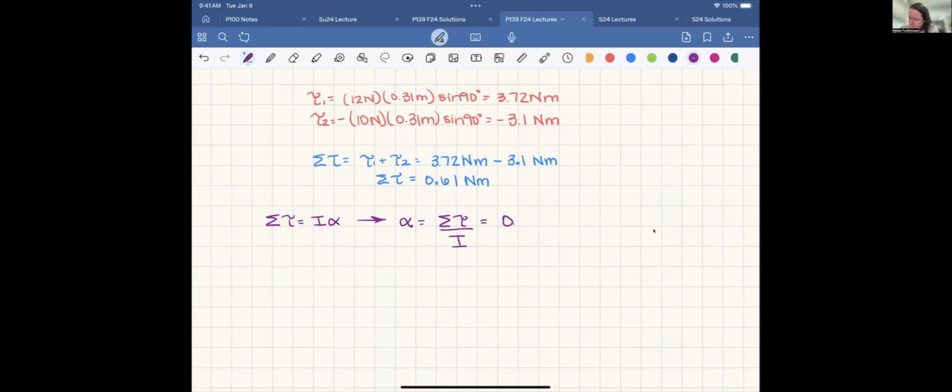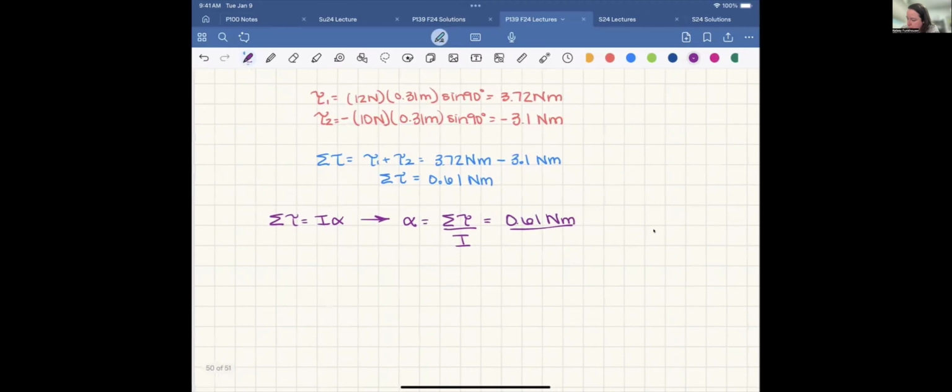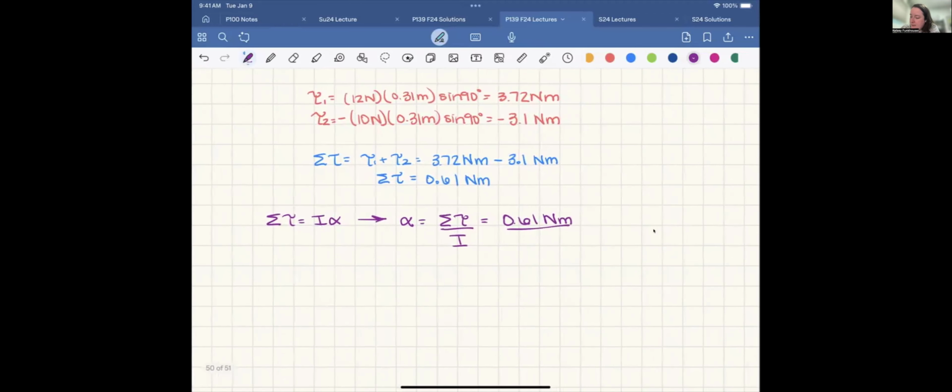Our torque is 0.61 Newton meters, and then the rotational inertia for the solid cylinder is 1/2 the mass, which is 0.8 kilograms, times the radius, 0.31 meters squared. And let's just make sure, my number shouldn't be that different.